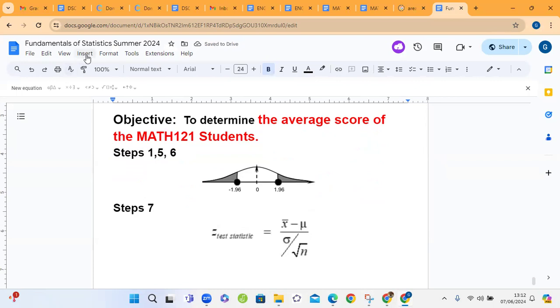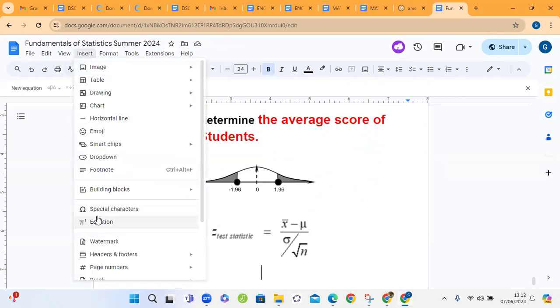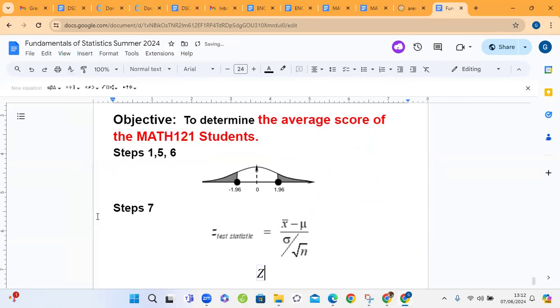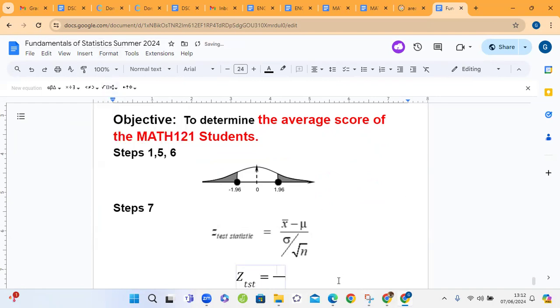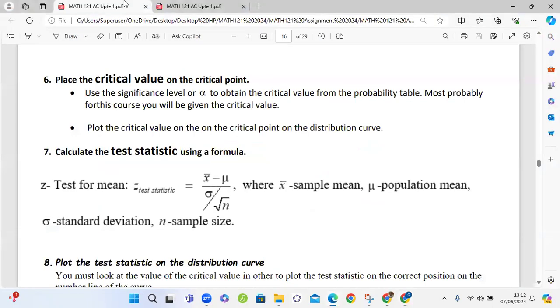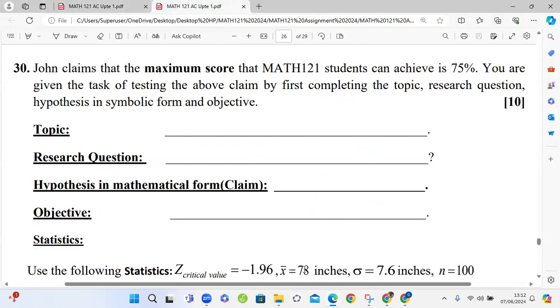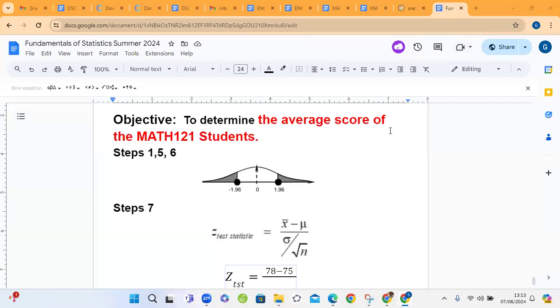Our x-bar is our sample mean and our mu is our population mean. The sample mean is 78 and the population mean is 75, so it will be 78 minus 75, divided by sigma over the square root of n.